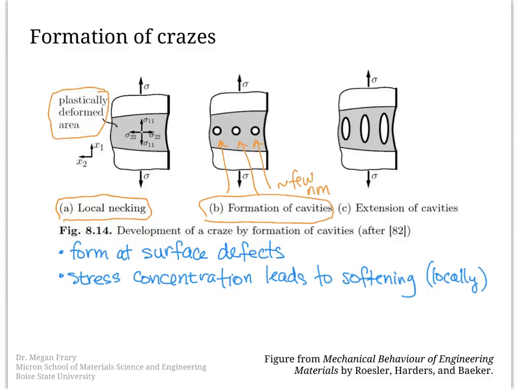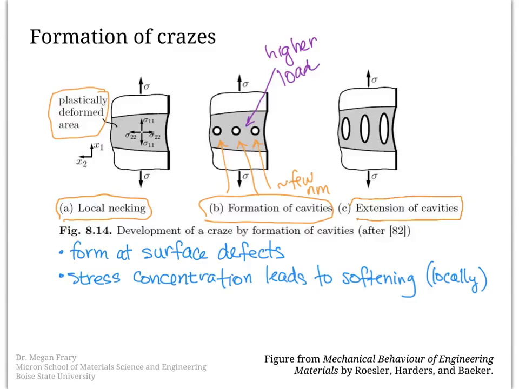In between the cavities, then, there is locally a heavy load. As a result of the higher load in between the cavities, we get more plastic deformation and essentially the extension of the cavities at the same time.